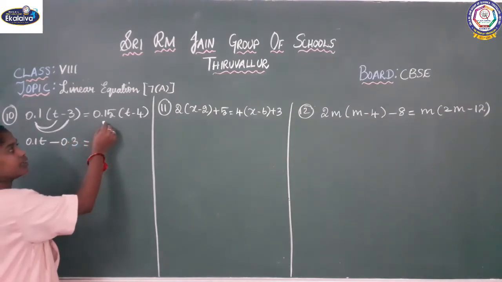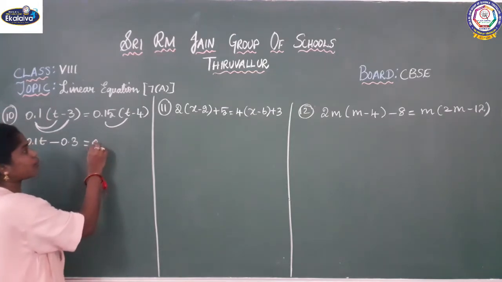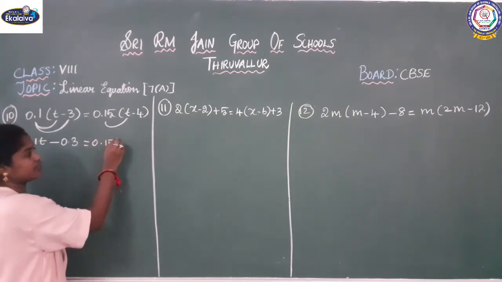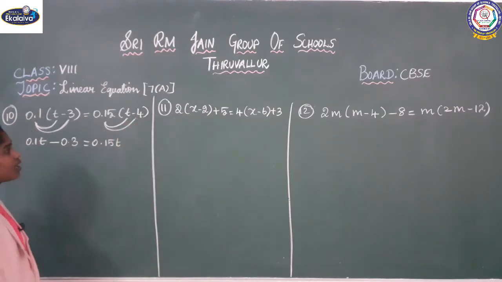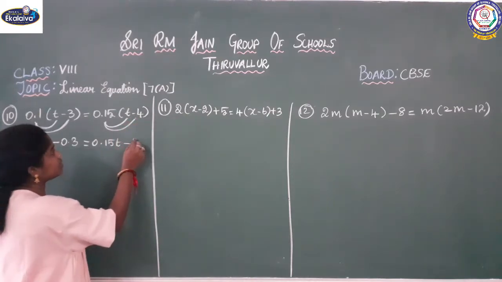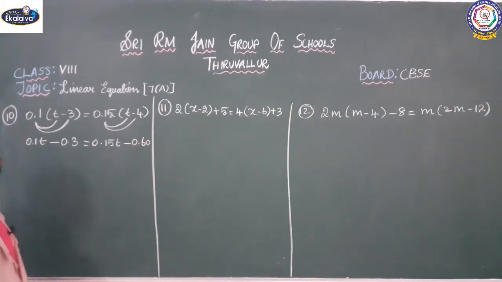Now we have to multiply 0.15 into t, 0.15 t. And when you multiply 0.15 into minus 4, we will get minus 0.60.